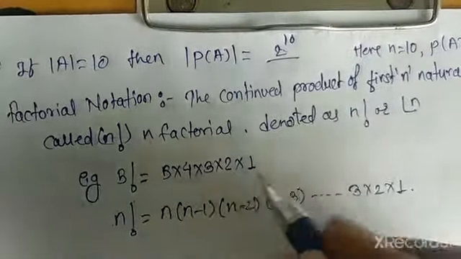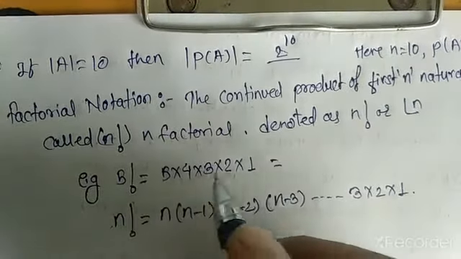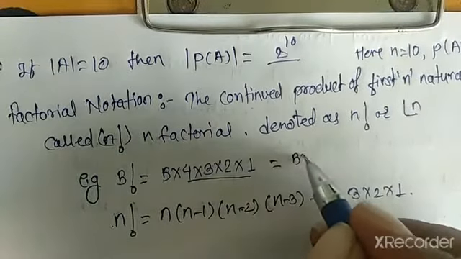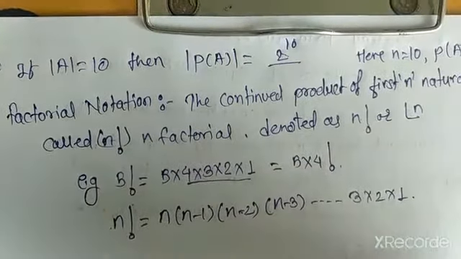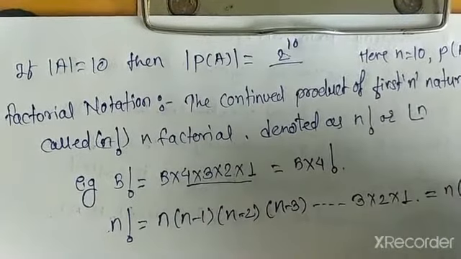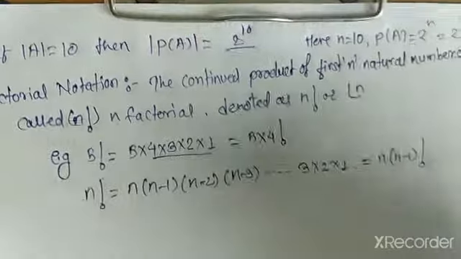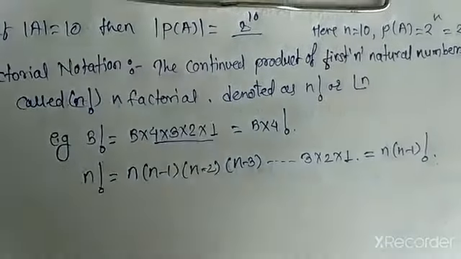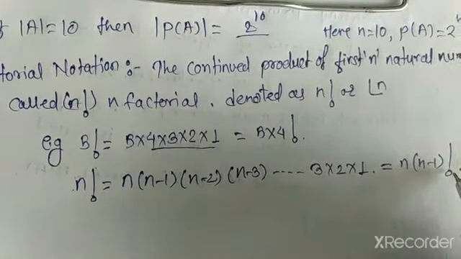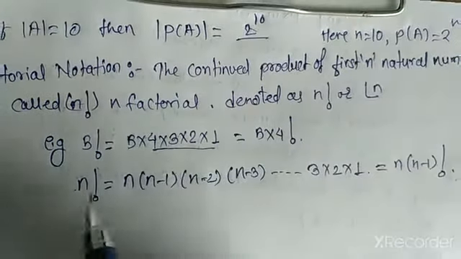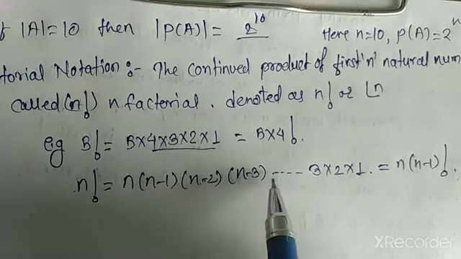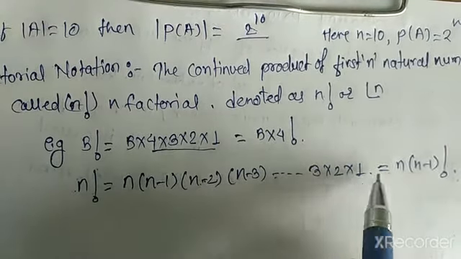Here 5 into 4 into 3 into 2 into 1 is also written as 5 into 4 factorial, and likewise n factorial is also written as n into n minus 1 factorial. In some proofs we require this notation, so I have given some explanation related to factorials also.